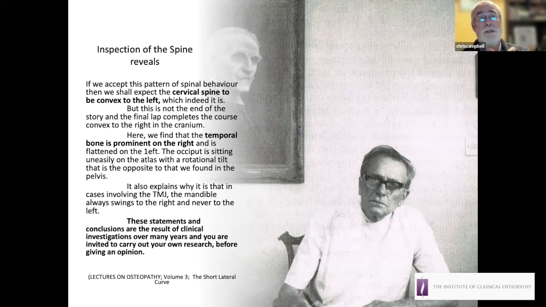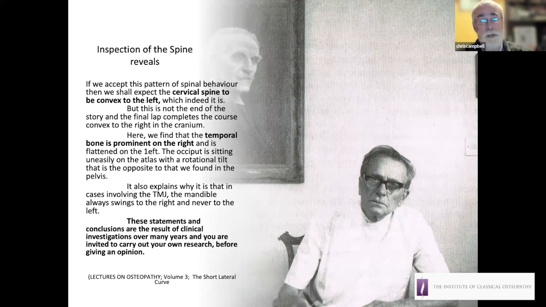And then it continues up into the cranium, and you find the right temporal bone is prominent, and the occiput then sitting uneasily on the atlas with a rotational tilt opposite to that you find in the pelvis.